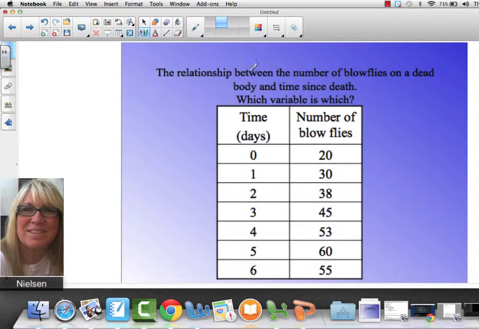So the relationship between the number of blowflies on a dead body and the time since death. Which variable is which? Meaning, which is my independent variable, and which is my dependent variable? I just want you watching right now. You don't have to write anything down yet.